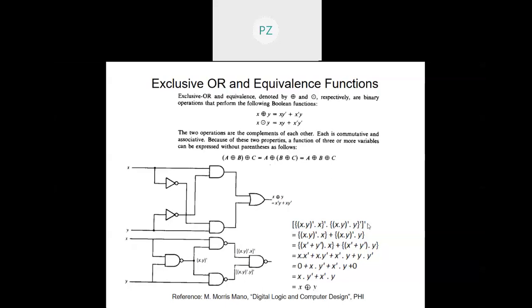And this entire thing again complemented because of the NAND function. So this can be written as (((x.y)' . x)' . ((x.y)' . y)')'. So I'm applying De Morgan's theorem. The first stage of De Morgan's theorem will be the complement of this plus the complement of this. Now since this is already complemented, I'll get its true form, right? So (x.y)' . x plus (x.y)' . y, right?